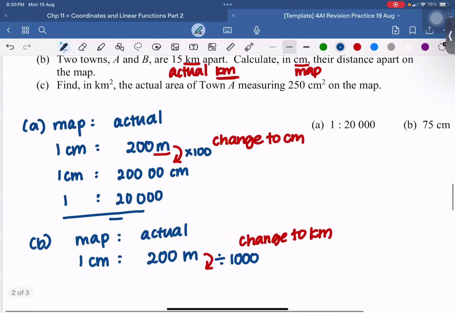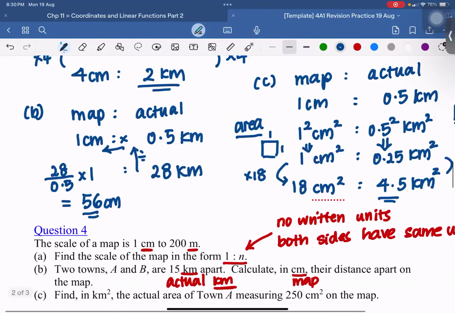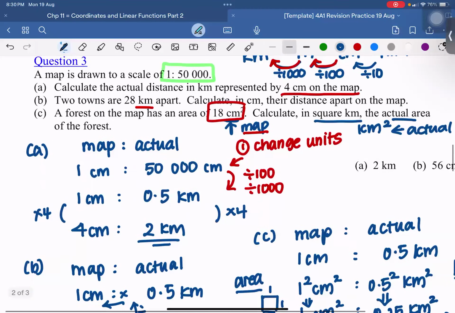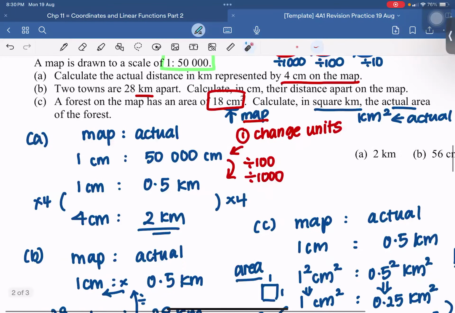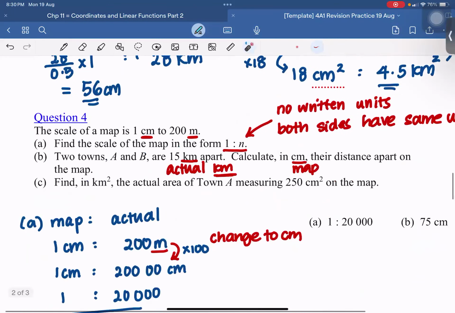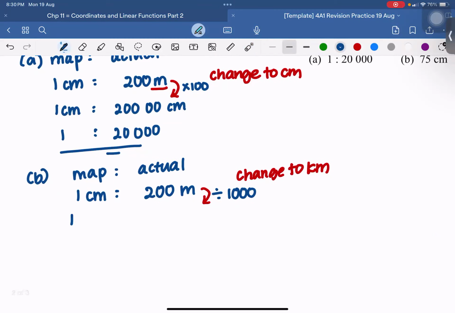If not sure, you can refer to this: from meters to kilometer, divide by 1,000. Then in this case, 1 cm stays the same, and 200 divided by 1,000 gives 0.2 kilometers. So I changed my units already.